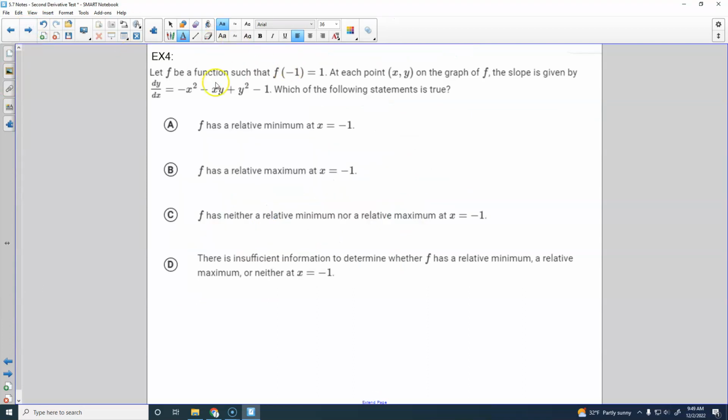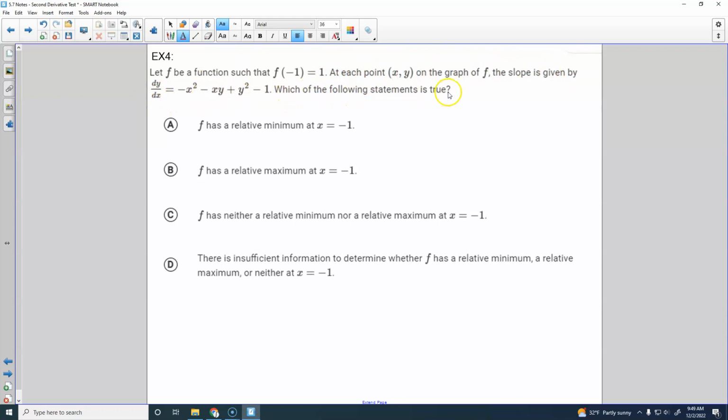So this is the sort of stuff that they will do to you sometimes on the AP exam. They tell us f is a function such that we know f of -1 equals 1, and at each point on the graph the slope is given by this.